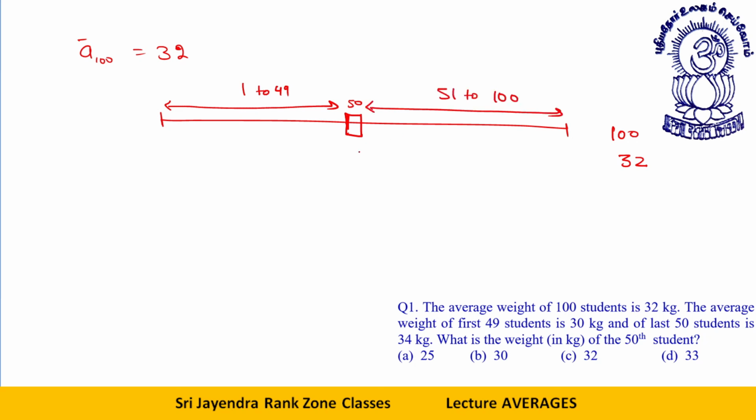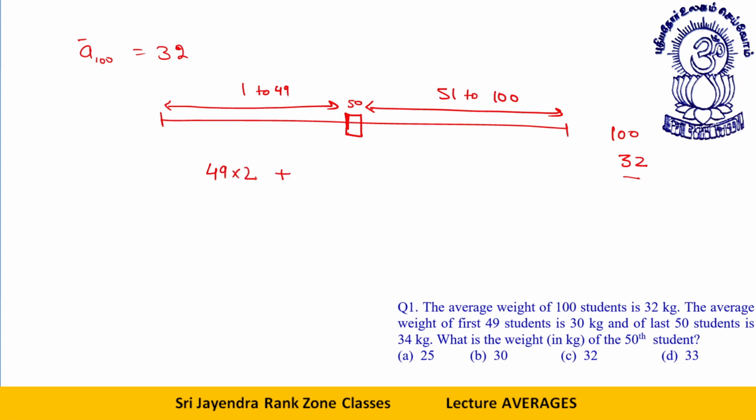Now look at the logic which I'm telling you. The average weight of the first 49 students is 30 kg. Actually the average weight of all the 100 is 32, but the average weight of these students is 2 less. So for these 49 students, the average is 2 less.